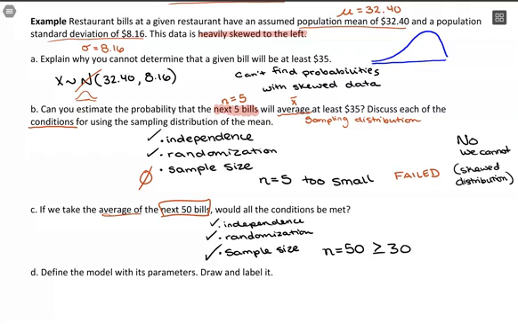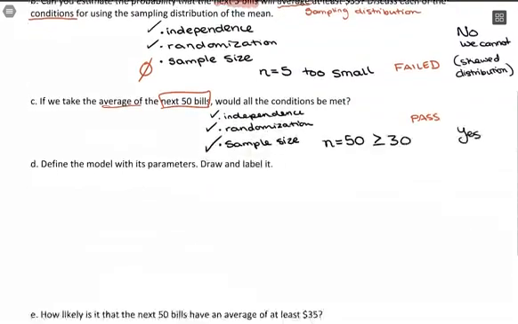And now we have a large enough sample size, so we pass the central limit theorem, so now we can find probabilities. So with that, let's build a sampling distribution of means around this sample size of 50.